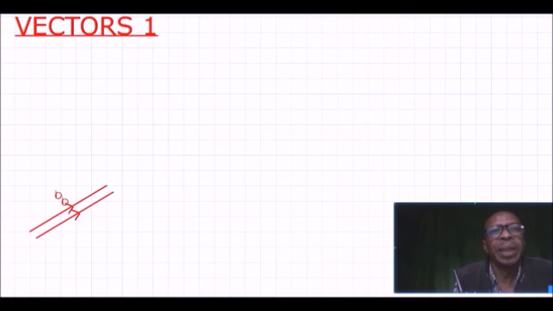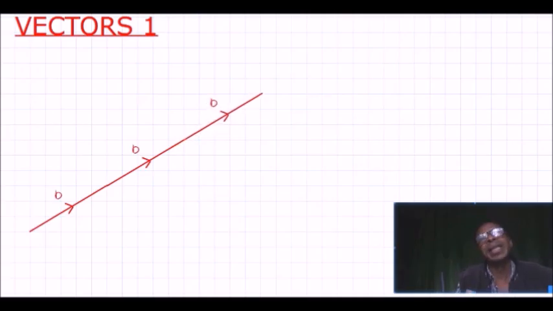So we make another vector B, and another vector B. That means that those are 3B.